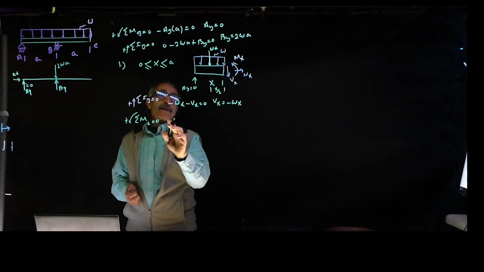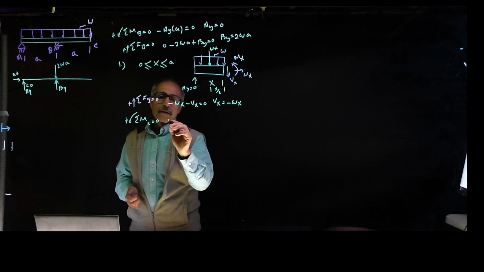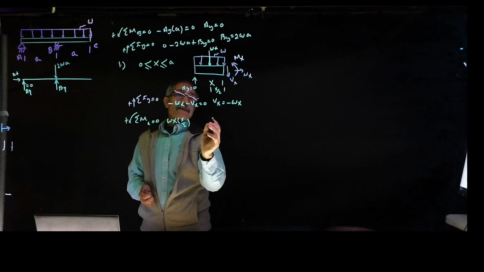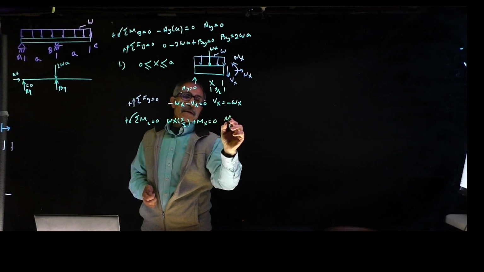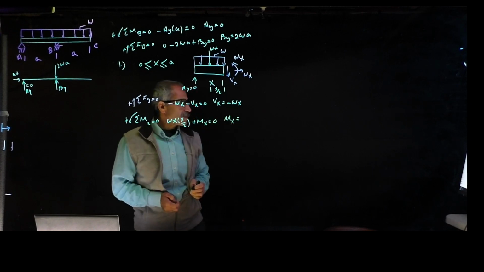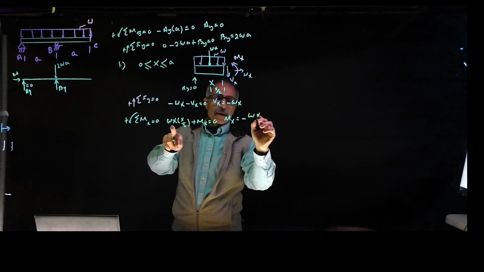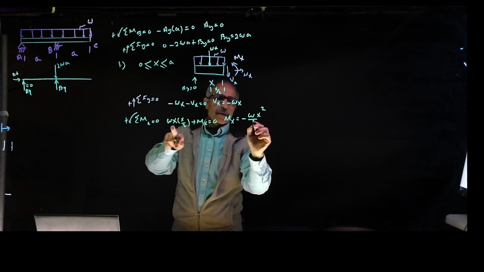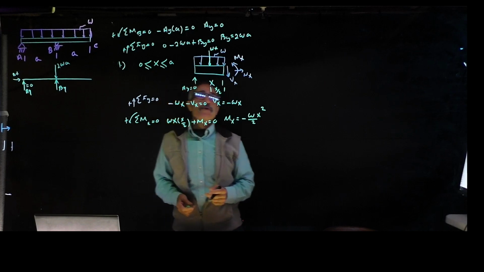It's going to be wx times x divided by 2, positive, plus Mx equals 0, so your Mx comes out to be minus wx squared over 2. So there's my Mx.